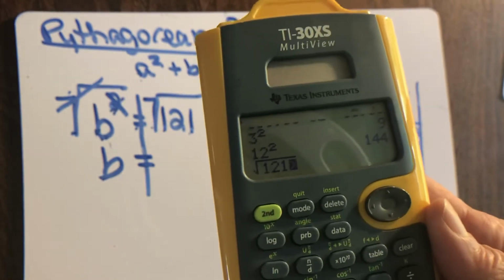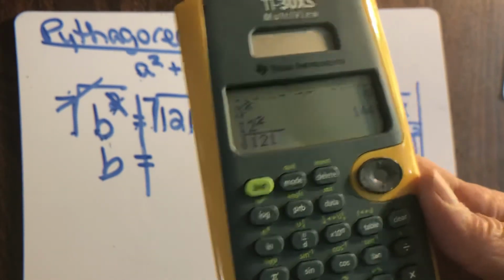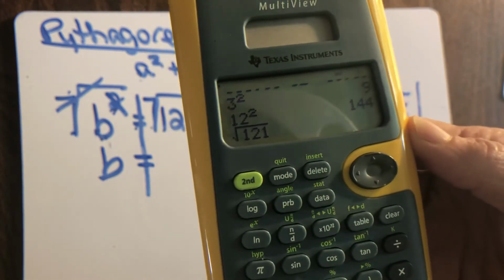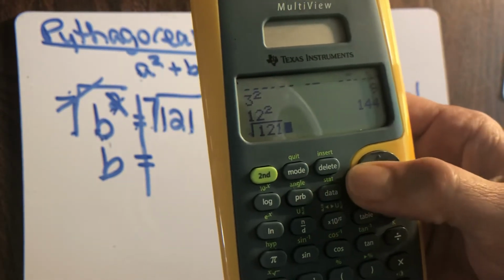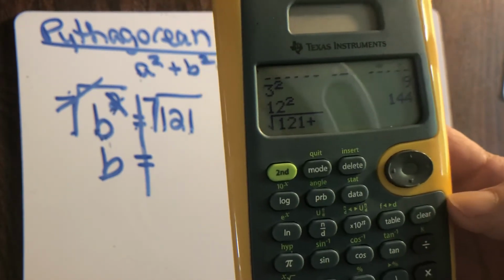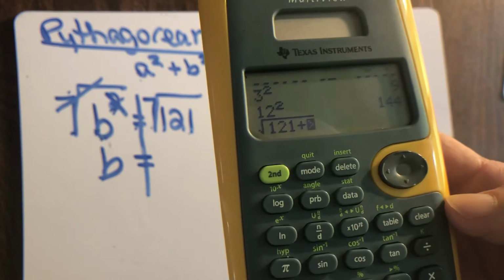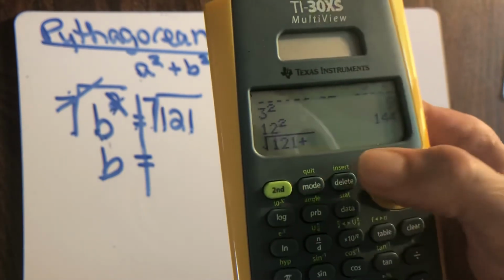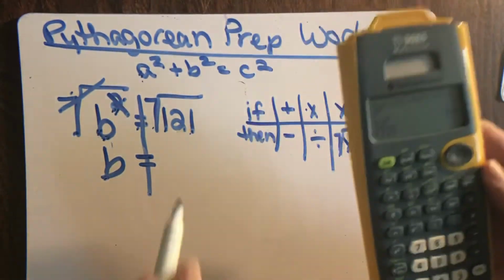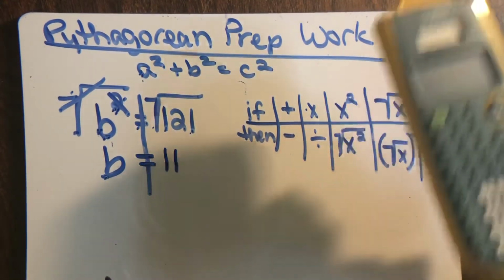So if you needed to continue adding or something, you would need to move this cursor over before you could hit an add sign. Otherwise, the sign would be underneath the square root sign like this. You see how that addition sign's under there? And that square root sign's just getting bigger. So I don't want to do that. I want to move it over. Then I can hit enter. Okay, and it's 11. And that's it. It's a very simple problem.